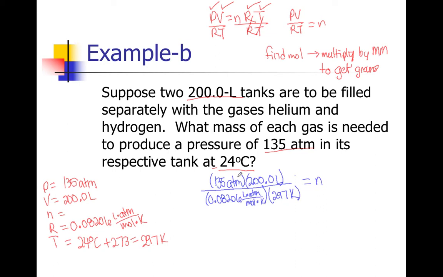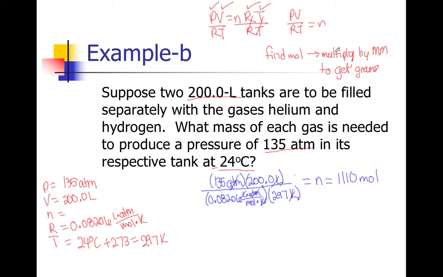So atmospheres are going to cancel, liters cancel, and Kelvins cancel. So 135 times 200 divided by, in parentheses, 0.08206 times 297, close your parentheses, for your number of moles. Since we need 3 sig figs, you're going to get 1,110 moles.